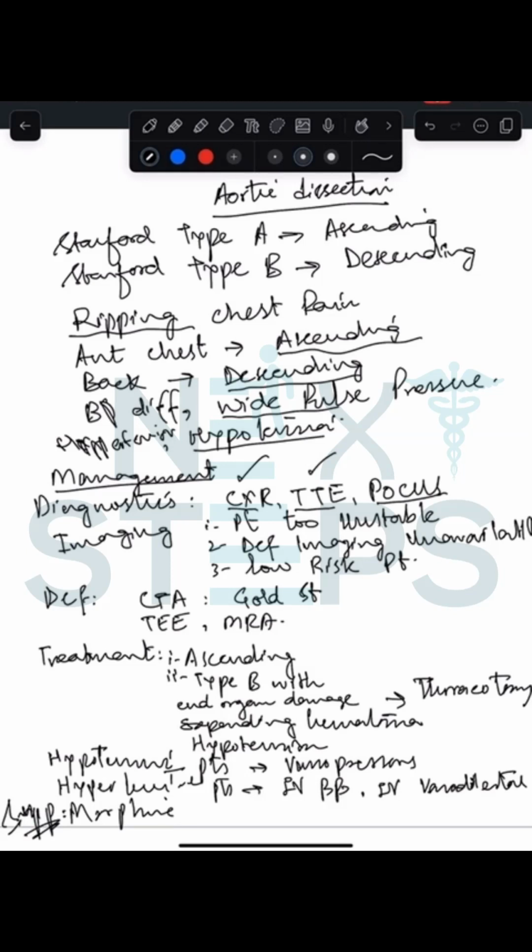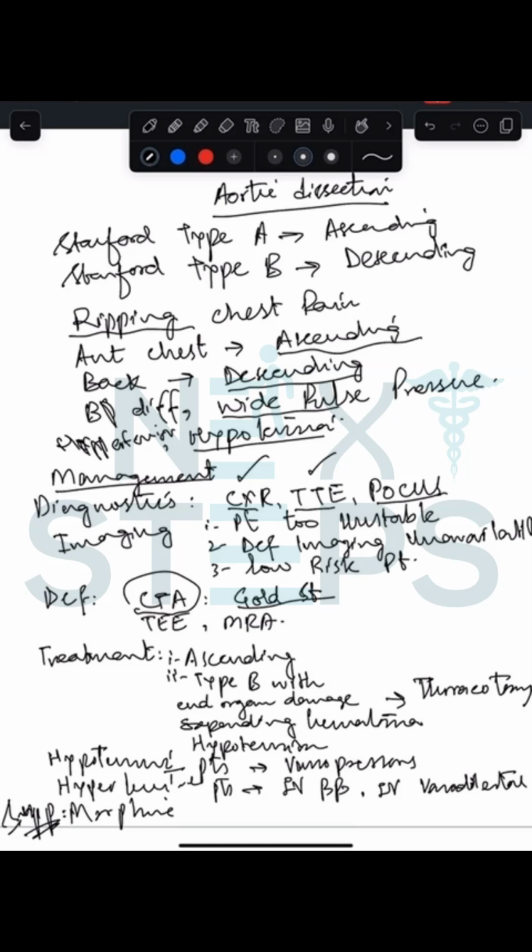Now coming on to the definitive management, it would be CT angiography. CT angiography is the gold standard for diagnosing aortic dissection. So whenever the patient comes with aortic dissection and he's considerably stable, and you're considering him to be high risk, the option you're going to choose is 100% CT angiography if the patient is stable, because it's the gold standard.